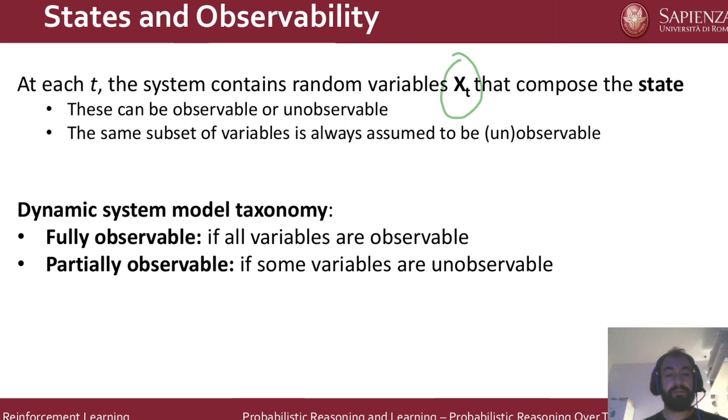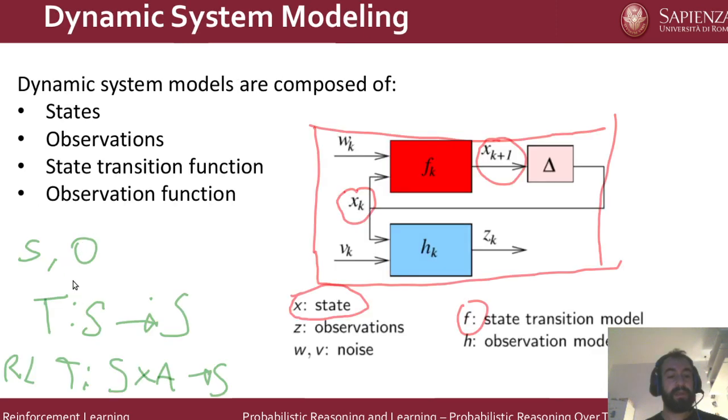And what is very relevant for us is the fact that these random variables can be either observable or unobservable. So this is exactly what I was mentioning here. So in reinforcement learning, in the systems that we use to describe reinforcement learning problems, the whole state is observable, which is why the state and the observation are the same thing.